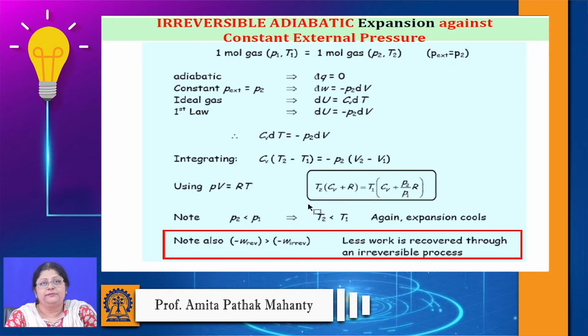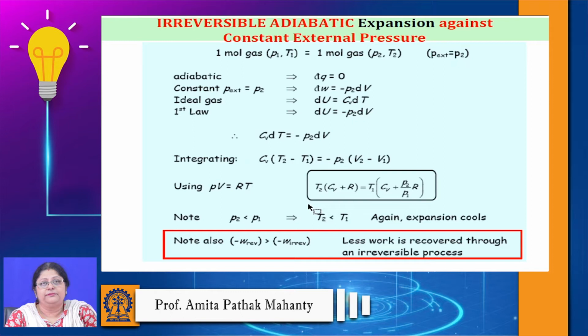Now note that pressure P1 is greater than P2, and again the temperature is going to cool. So less work is recovered in an irreversible process. This is what I have been saying all throughout. Less work is recovered from a system when we are doing it irreversibly.